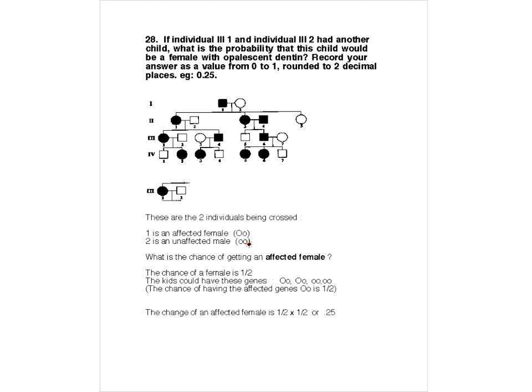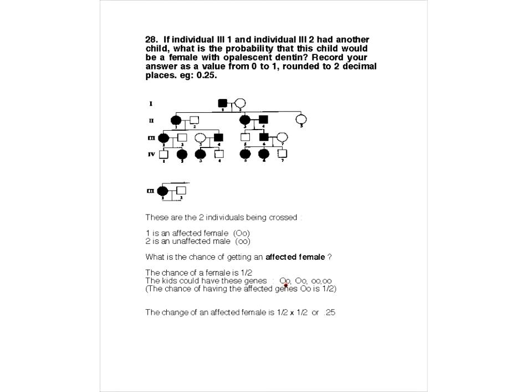Okay? So they're being crossed, and the question says, what's the probability the child is going to be a female with opalescent dentin? So, in other words, what's the chance of being an affected female if we do this cross here, using these genes? Well, first of all, we find the chance of being a female, and that's 1/2, right? So we find that probability first.